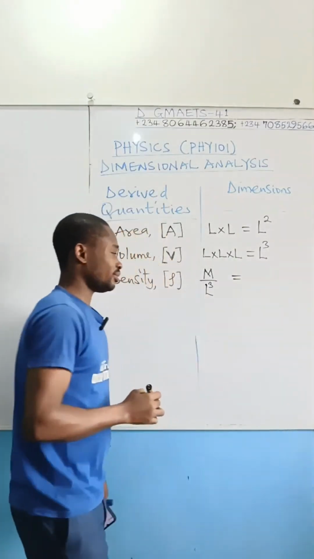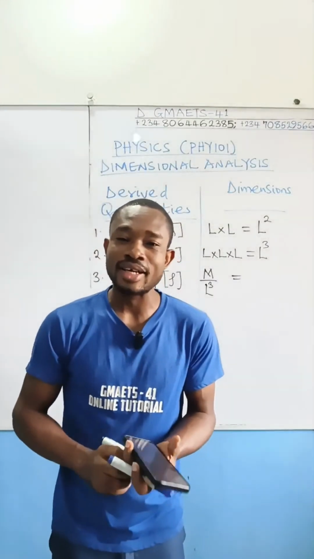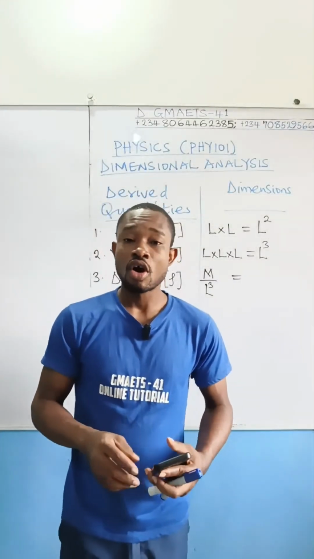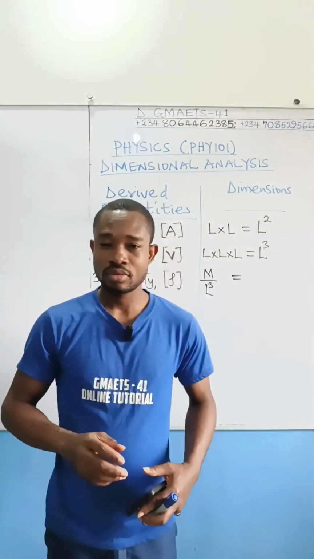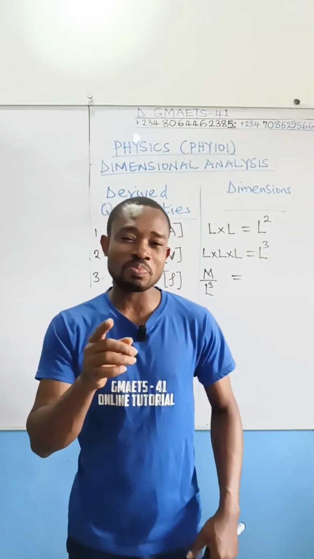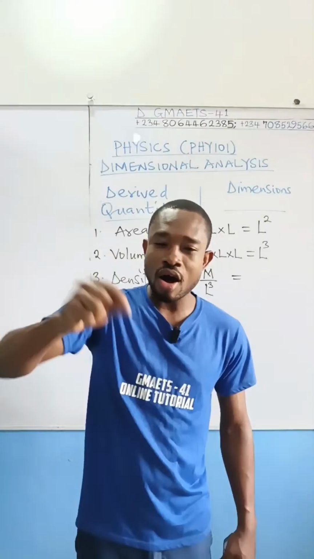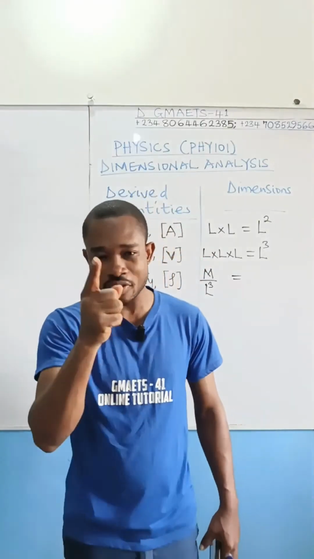But then, let us take our mind back to the definition of dimension. Remember, we define dimension as a way of expressing a quantity as product. Take note of that.